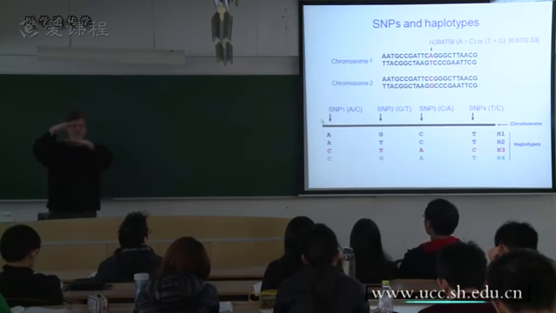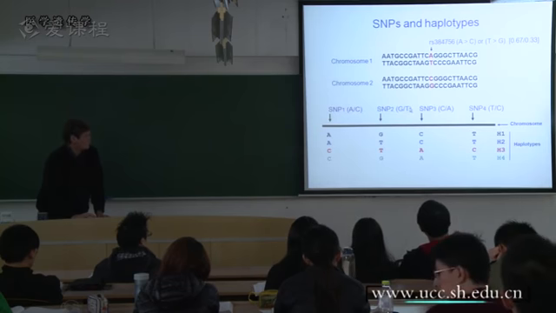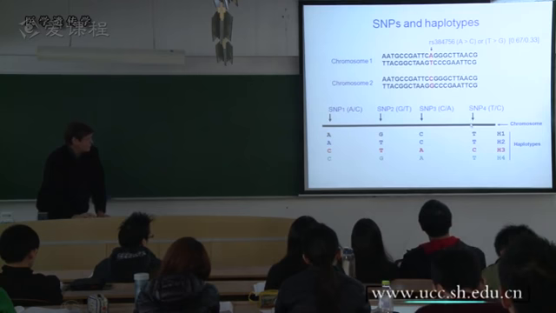And then suddenly you come to a spot where there's a difference in one base pair, and that's a SNP. Then you go along for another 1,000 base pairs or so, and you find another place where the sequence is different between the two chromosomes. So that's another SNP. And you keep going, you find another one, another one.